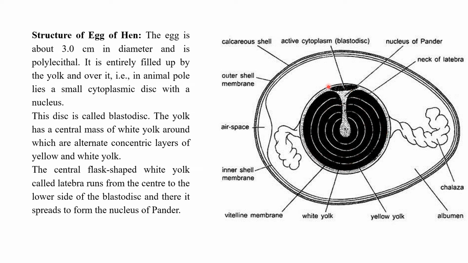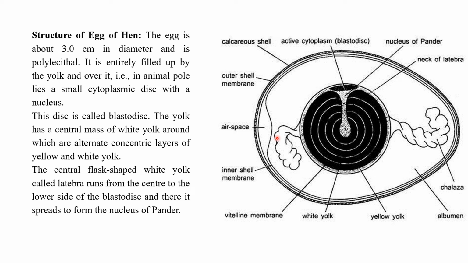The active region of development is confined to a small part here called blastodisc, and all the remaining part is completely filled with albumin and the yolk. And such eggs are called polylecithal eggs because they contain a large quantity of yolk in them.